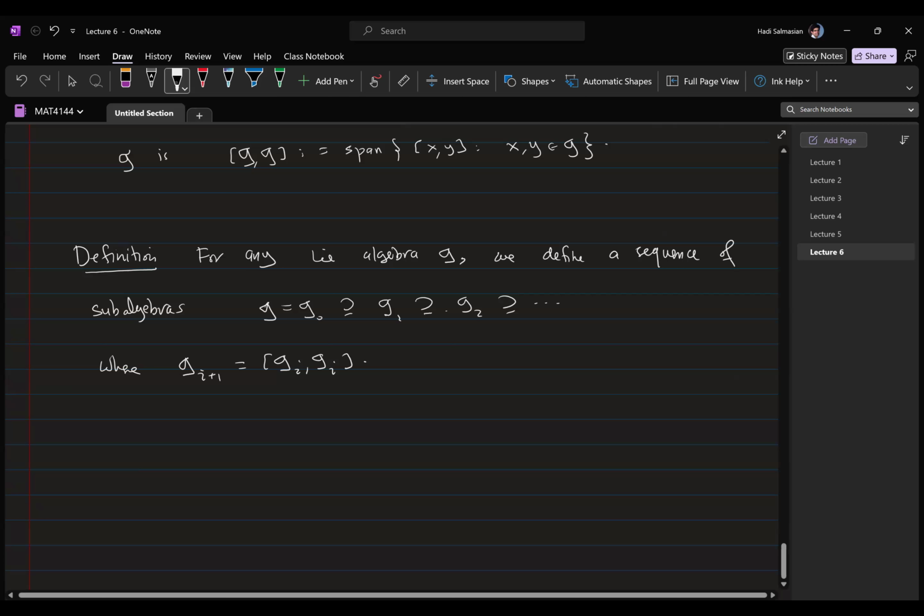In fact, each Gi will also be an ideal of the big Lie algebra G.